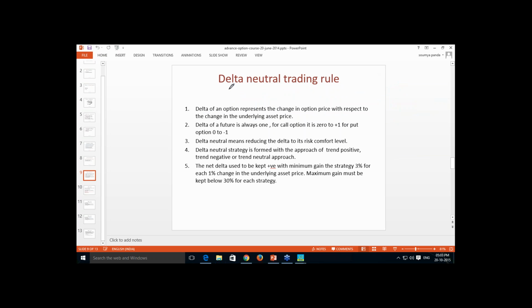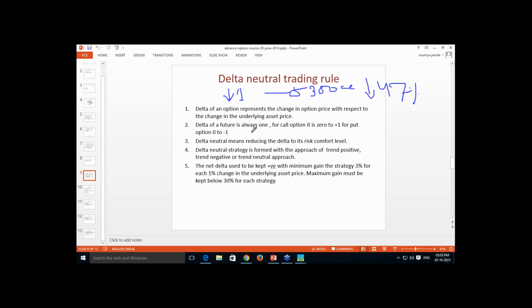Suppose Nifty falls from 8,250 by 1%. Based on the same delta of 0.47, the 8,300 call option premium will also fall by 47%. So this is the meaning of delta.